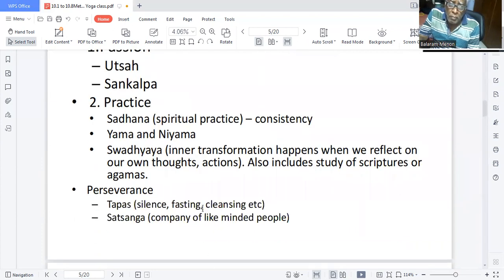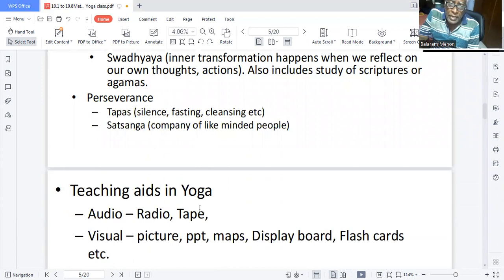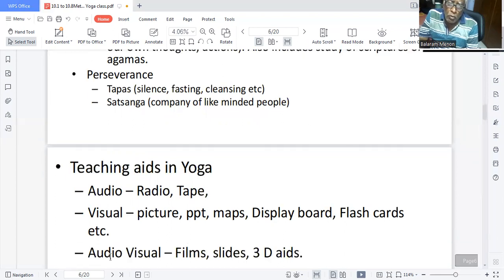Company of like-minded people. Teaching aids in yoga: audio, radio, tape recorder. Visual: picture, PPT, maps, display board, flashcards, etc. These were in the olden days.